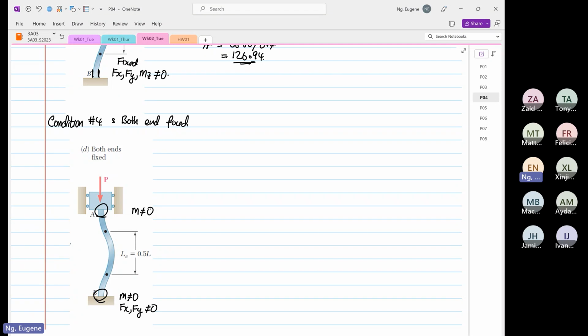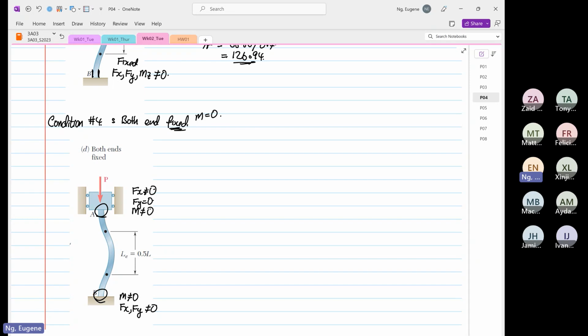But over the other end, fx is not equal to 0, but fy is equal to 0, because to apply a load, you must allow it to move. So if they say it's fixed, it more refers to the moment being not equal to 0. When it's pinned, or when it's free, moment is equal to 0.